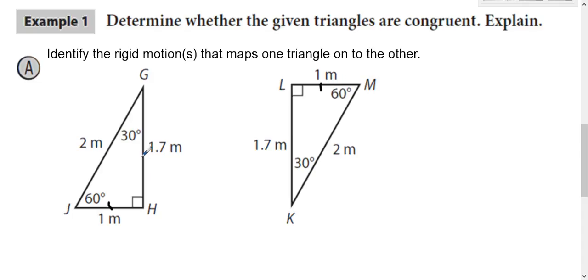We have a 1.7 meter side and a 1.7 meter side. Those are congruent. And then the third side is 2 meters and 2 meters. So all three sides are congruent. They need to be corresponding also, so not just looking at whether they have the same sides, but making sure that the angles are in the same place, and then we'll discuss the rigid motion.